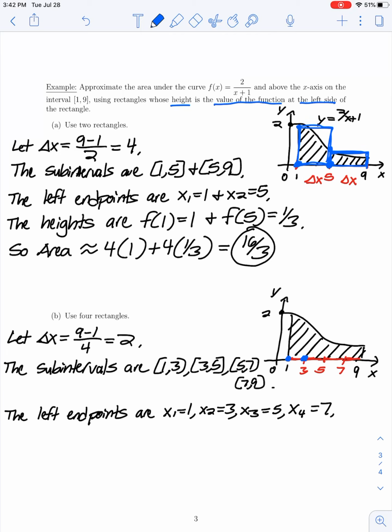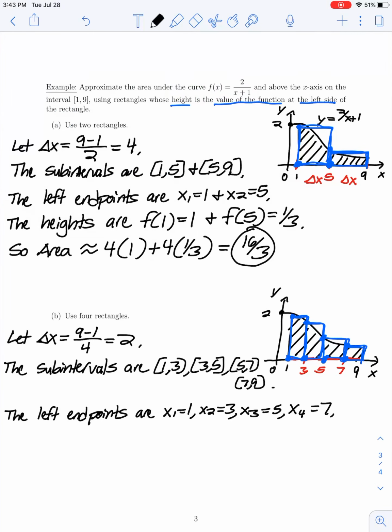For each of the 4 subintervals that we just found, we're choosing the left endpoint as being used to determine the height of our rectangle. Now, the height of the rectangle is given by the value of the function at those left endpoints. So we have something that looks like the following. And our area of this region is approximated by the sum of the areas of those 4 rectangles.